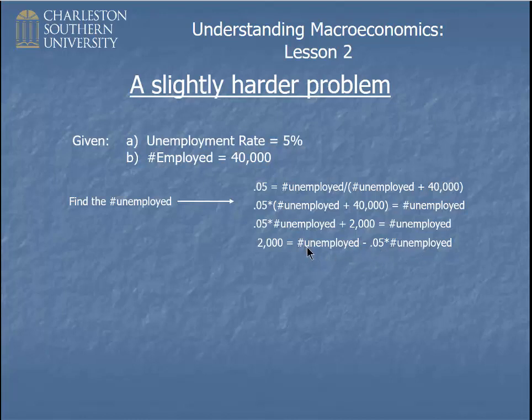This is 1, right? One times the number unemployed minus 0.05 times the number unemployed gives me 0.95 times the number unemployed equals 2,000. And finally I'm going to divide both sides by 0.95, and I get that the number unemployed is 2,105.3 workers.